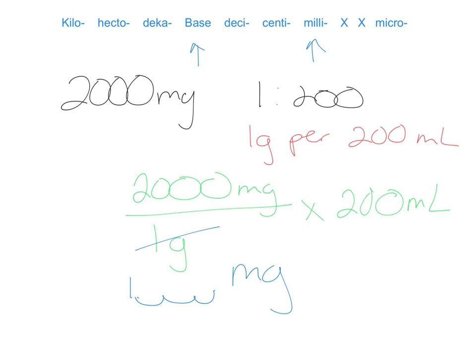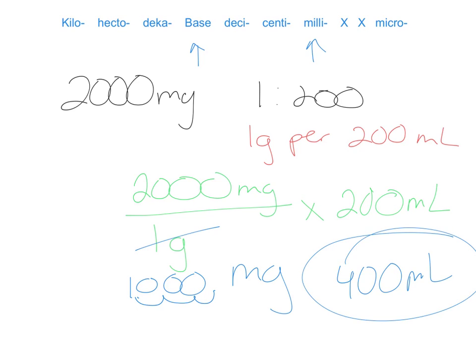Moving it 3 places to the right makes it 1,000. So my H in this case is actually 1,000 milligrams. So finishing this out, this would be 2,000 divided by 1,000, which is 2, times 200 milliliters. This patient is going to receive 400 milliliters of this particular injection or IV or whatever it may be.